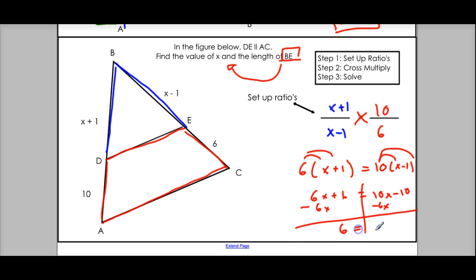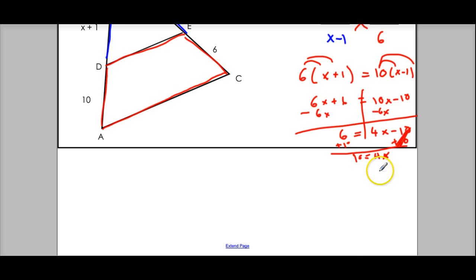We get 6 is equal to 4x minus 10. We're going to add 10 to both sides. We get 4x is equal to 16. Divide both sides by 4, and we get x is equal to 4.